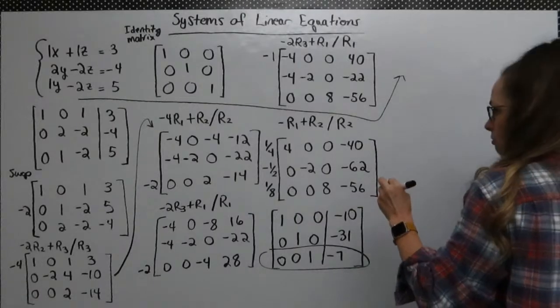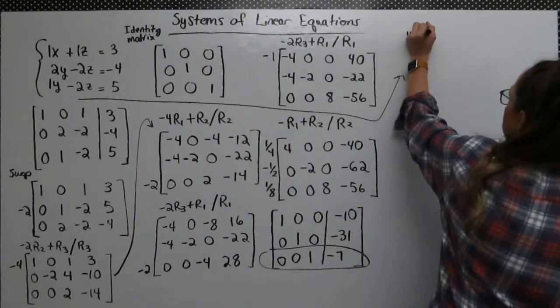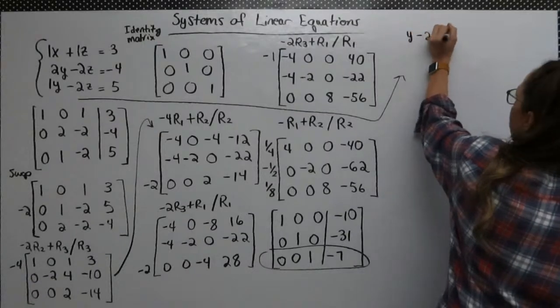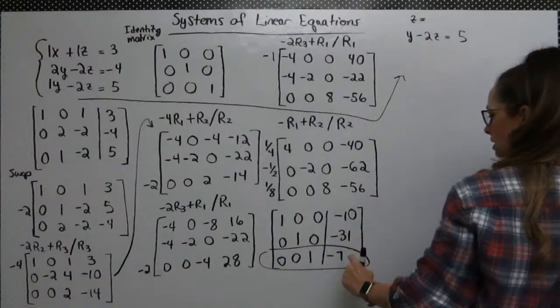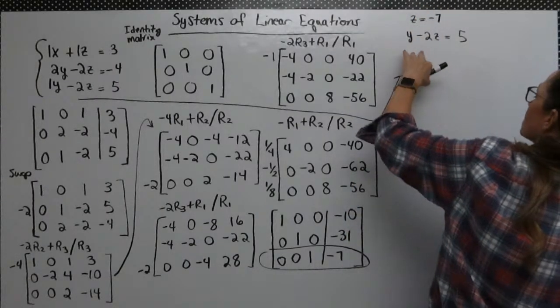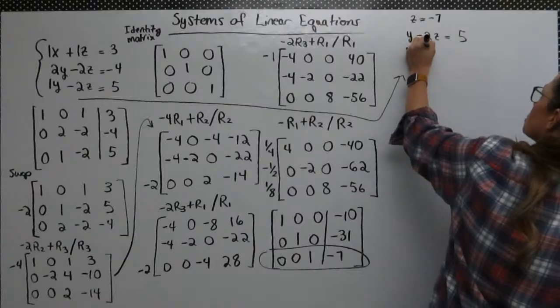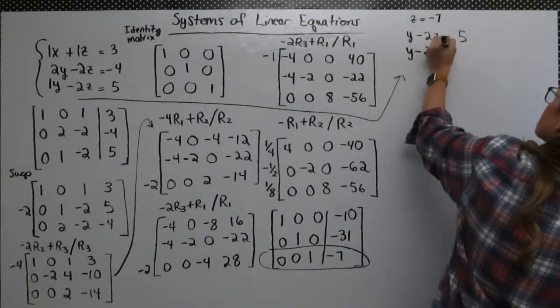So we'll just go back to algebra, since I have Y minus 2Z equals 5 and Z equals -7 according to my matrix. So we'll say Y minus 2 times -7 equals 5.